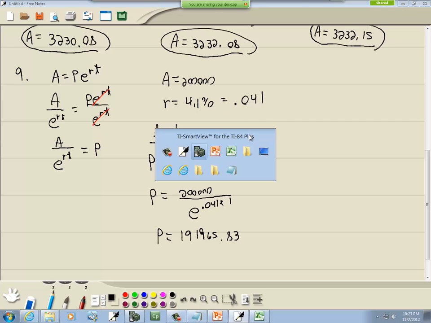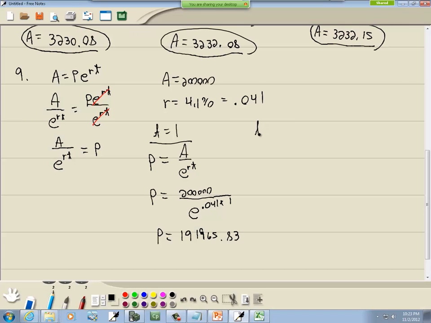Now, actually, let me do one more. I lied to you. T is equal to 10. So I want to demonstrate this. Of course, it's the same formula. So we're going to have 200,000 divided by e to the 0.041 times T, which is now 10. Why did I show this one?